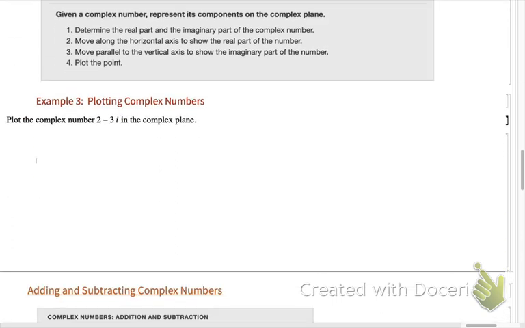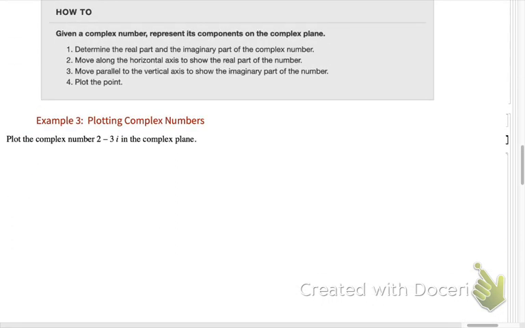So, moving into an example, if I had the complex number 2 minus 3i and I wanted to plot it in the complex plane, what we'll do is, just like the xy coordinate plane, create a horizontal and a vertical axis, although the horizontal axis is called the real axis.